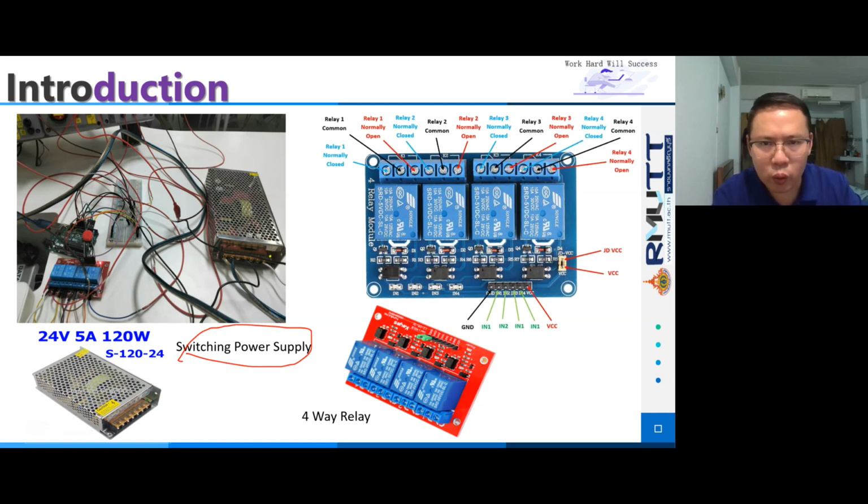And another, we can use the four-way relay. The relay is an electric switch controlled by an electric magnet. This electric magnet can operate in either AC or DC systems, allowing the relay to control the flow of current in various applications.